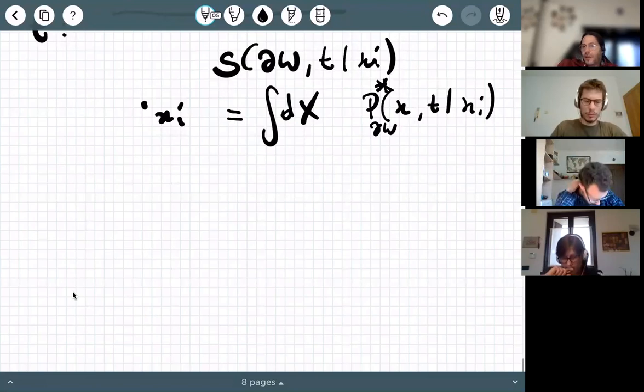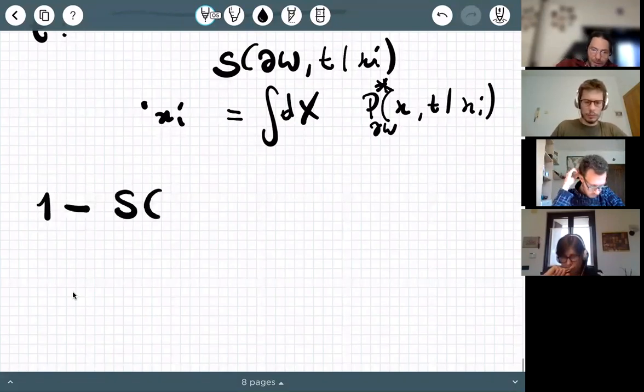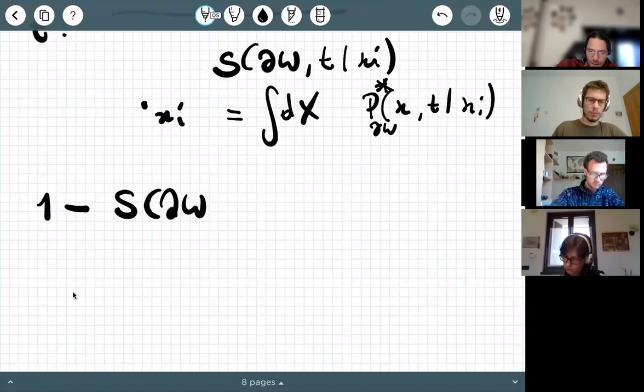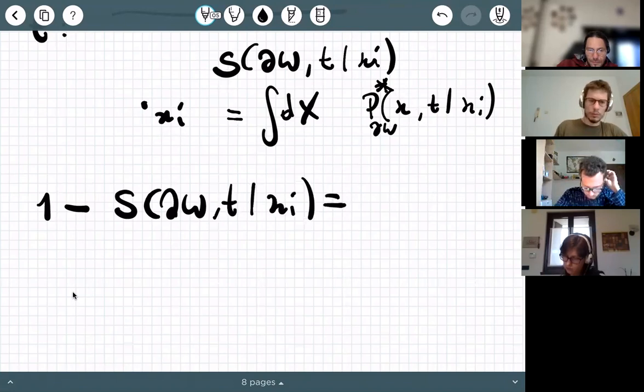And of course, given a survival probability, you basically have all the information, because 1 minus the survival probability at time t, relative to the surface dW, starting from xi, is related to the probability of crossing for the first time the surface at time t.